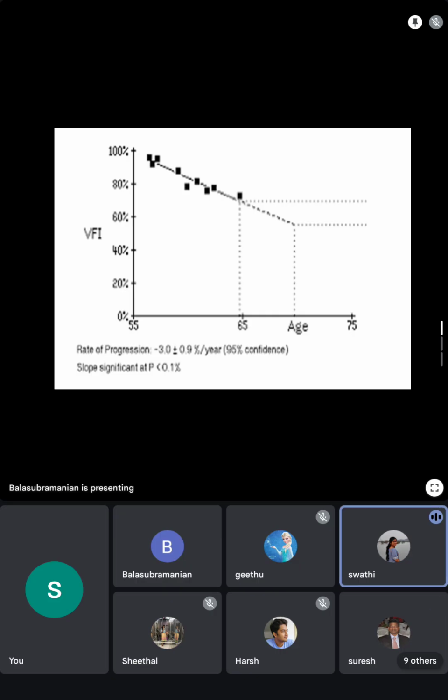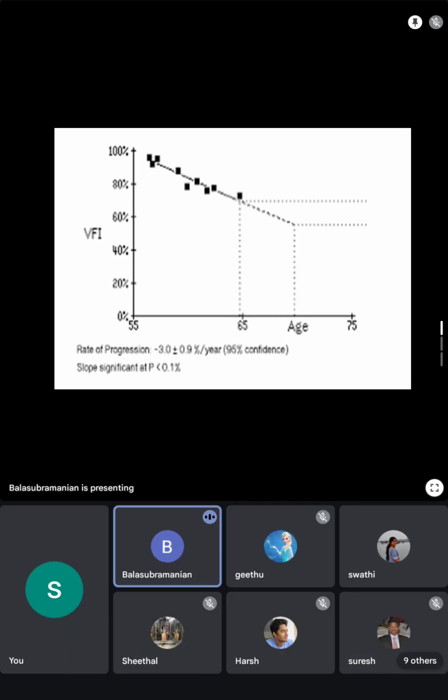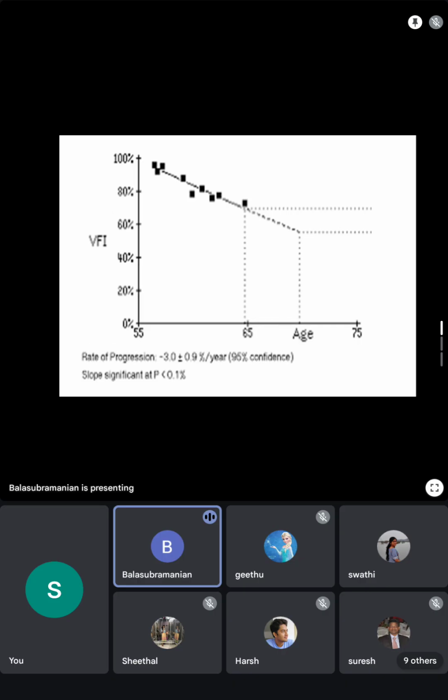It shows the pattern of visual field index sensitivity decreasing over the year. In proper terms, you have to say that it is a visual field index chart where the age is plotted against the numerical visual field index of that person.